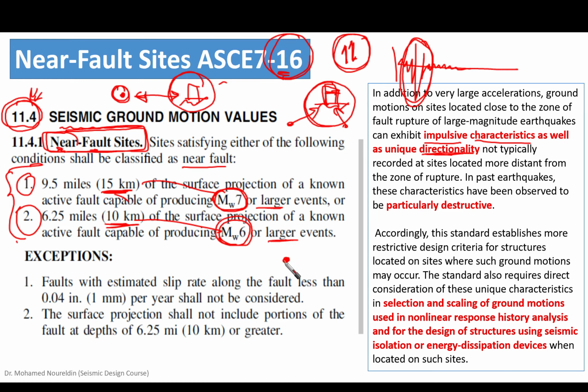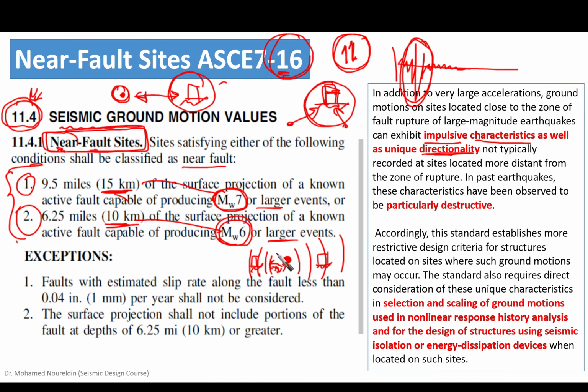Whenever we have a source of earthquake here, and we have a building here and another building here, which is away from this source with the same distance, but the source is opening or progressing in this direction, this is what we call the directionality effect. The waves that are going to come to this building are going to be different from the waves that are going to come to this building.